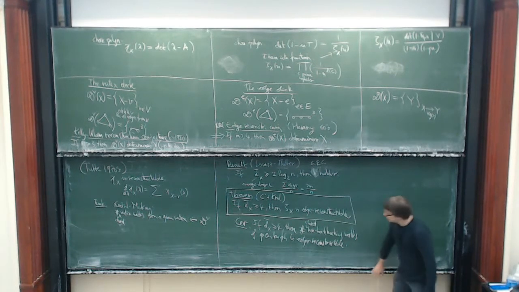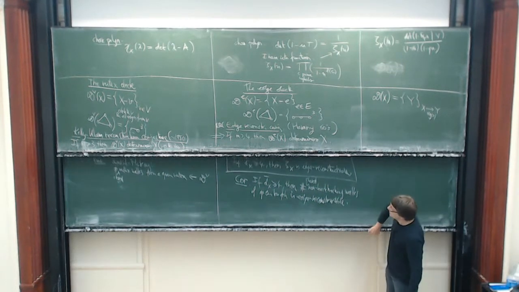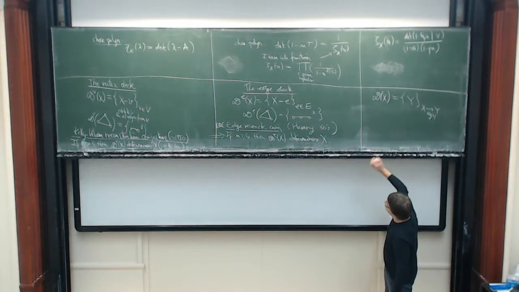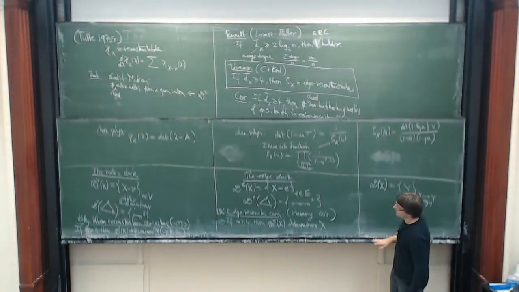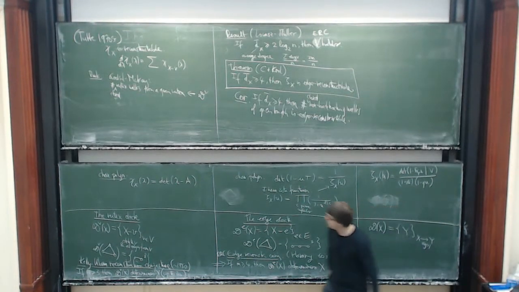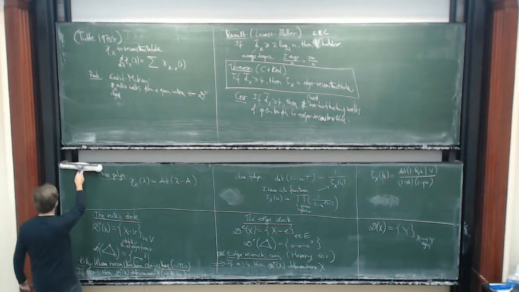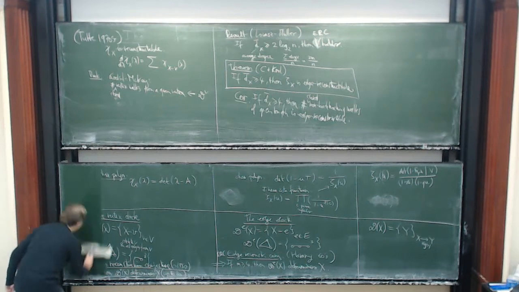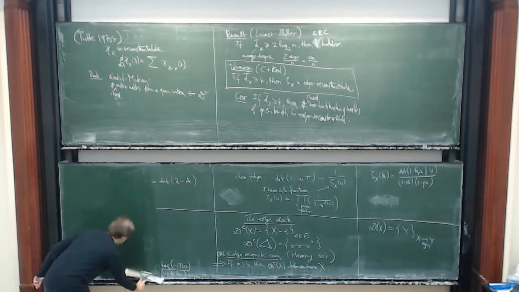Okay, so to finish this combinatorial part, let me actually show you how to prove this. This is an elementary linear algebra proof, but you somehow need to do your linear algebra 19th century style. Remember your linear algebra.